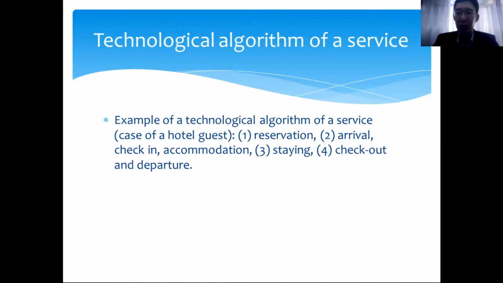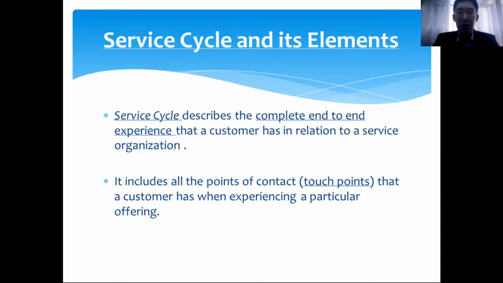We know that from marketing. The other thing we should mention is the service cycle and its elements. Basically, service cycle describes the complete end-to-end experience that a customer has in relation to a service organization.